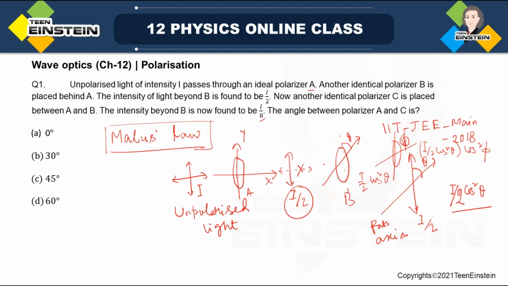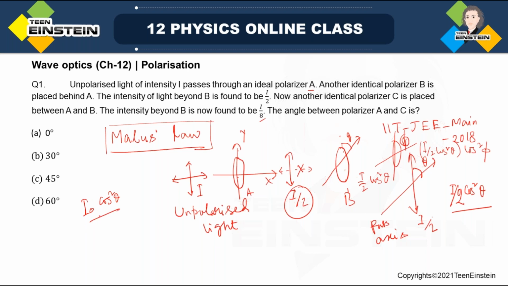So this is how the intensity will be according to Malus law. According to Malus law, the intensity after passing through a polarizer at an angle theta with respect to the electric field vector will be the initial intensity I0 cos square theta.